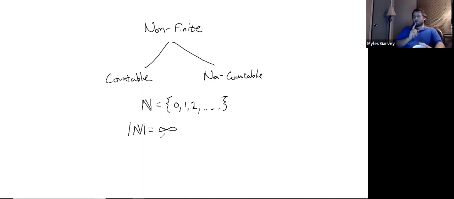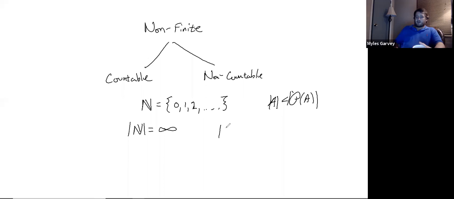Here's an interesting question that I want you to think about. We mentioned earlier that the cardinality of a set appears to be less than the cardinality of the power set of that set. Does that hold true in the case of the natural numbers?